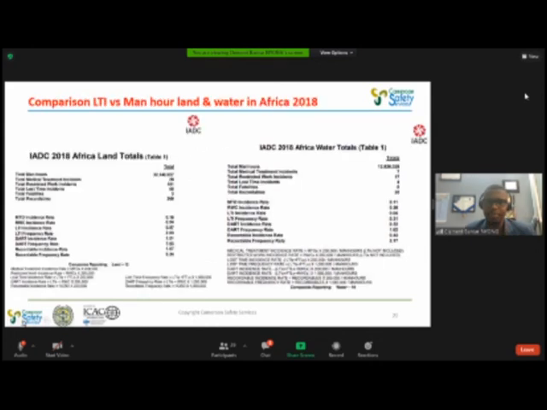If we go for the cases of the LTIs per man hour in Africa, still this is statistics for 2018. You see that total medical treatment incidents, we had 26 on land, 7 offshore.